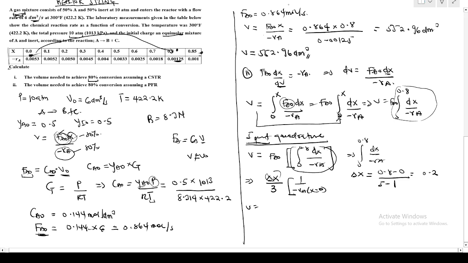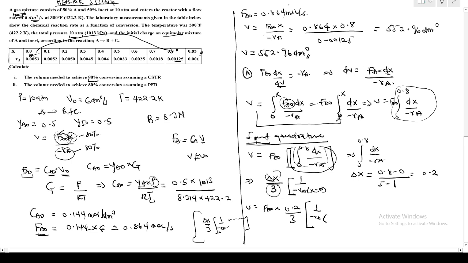So our volume now becomes Fa naught multiplied by the whole of this times the change in x, which is our step, 0.2 divided by 3 here. So this is part of the formula, right? The 5-point quadrature rule itself is just the change in x over 3 multiplied by 1 over minus ra and so on, until you get to the fifth term you want. Everything multiplied by 1 over minus ra.